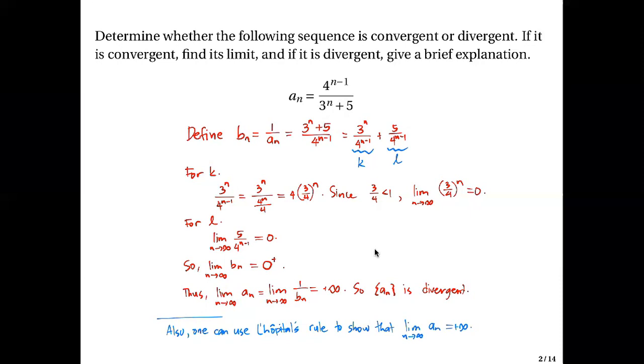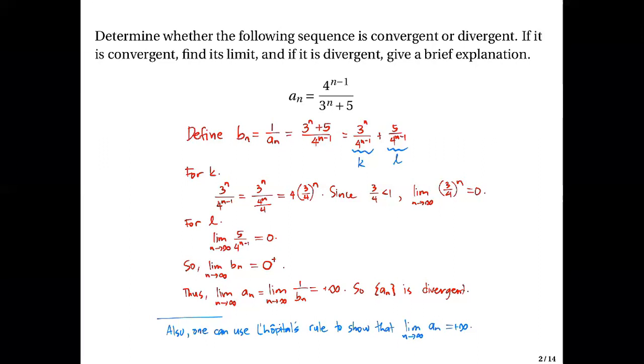And to show that, you have to find the limit. You have to use that rule that we used in here. Okay. So that's for our first problem.